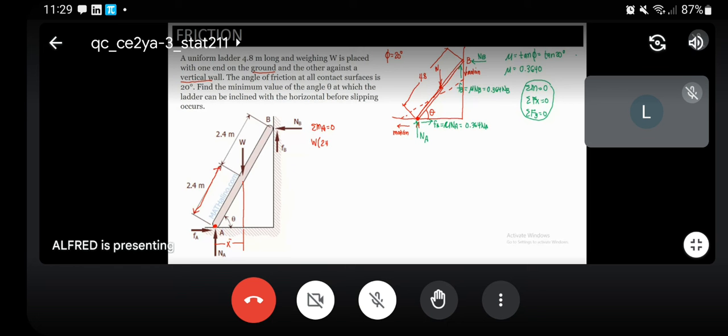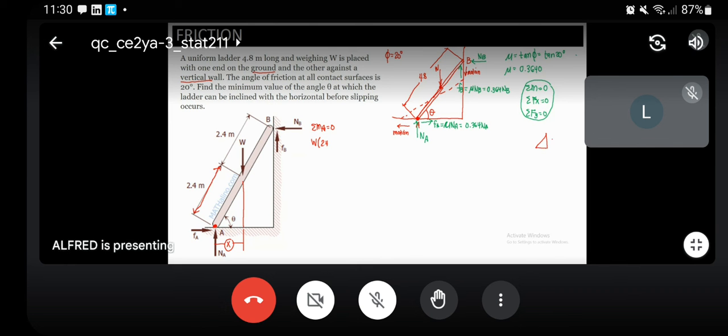Ibig sabihin ba ng 2.4 din to? Kung 45 degree, hindi rin, di ba? Ano siya? Equilateral ba siya? Kaya pwede siyang maging 2.4. Hindi, di ba? So how do we know kung ano yung value ni x?